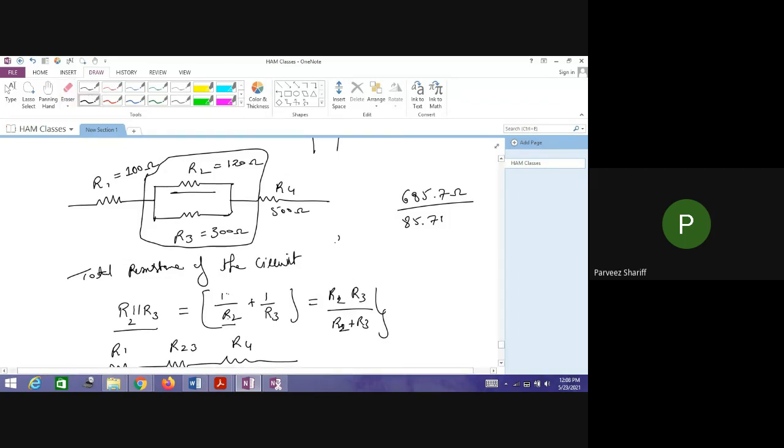Now, for example, let me solve this here. So 1 by 120 plus 1 by 300. So this is equal to 1 by, I'll give some name as R21, because I'm finding the value of R21 equivalent resistance. So 1 divided by 120.